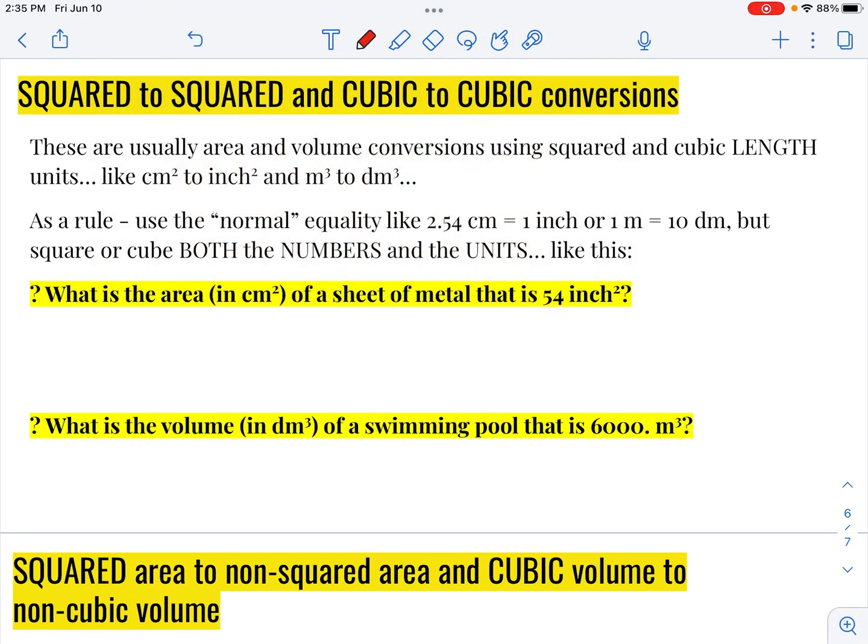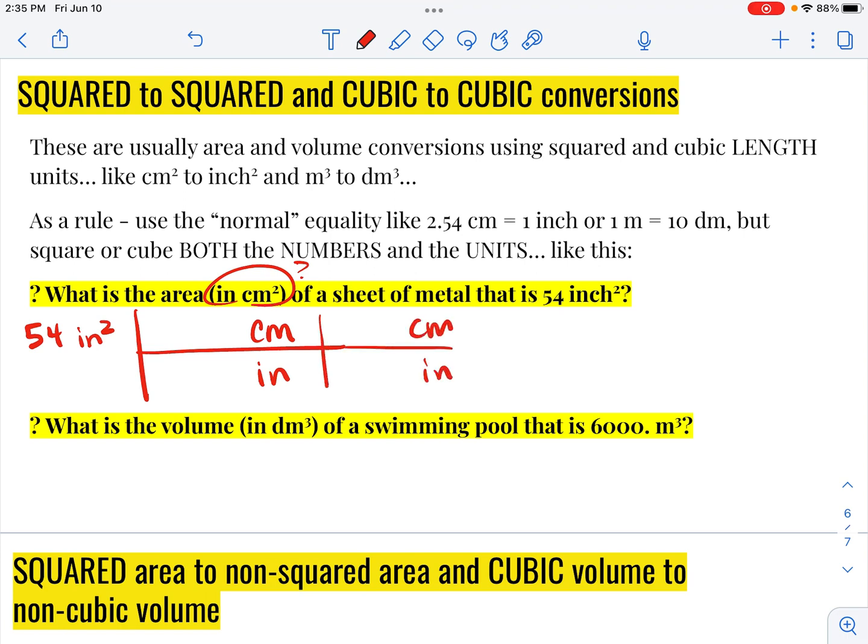I want the area in square centimeters, this is what I'm looking for, of sheet metal that's 54 inches squared. So I need to convert inches to centimeters. But I need them to be squared. So I could do this twice, and you'll remember seeing this at the beginning of when we started to do this in Chem Honors if you had it with me.